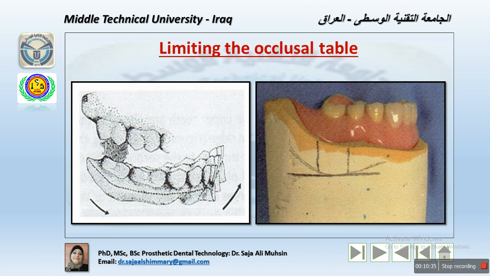The occlusal table is the area of functional tooth contact. Attempting to reduce the natural occlusal table on a prosthesis appears to make sense, but often causes instability of the denture due to the unstable loading of the teeth posteriorly.